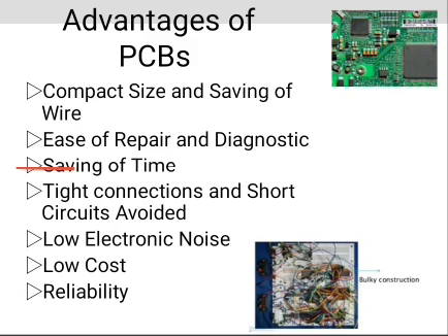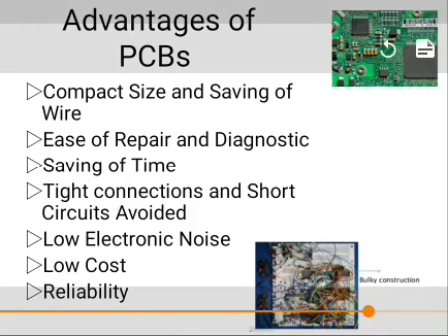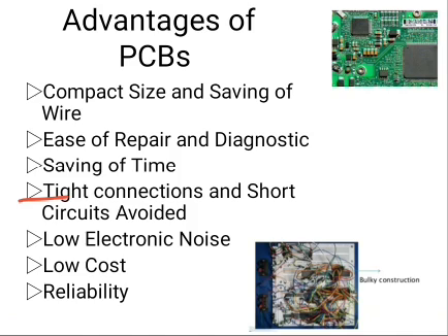So, conventional method means manual, like the breadboard connections. Next, tight connections and short circuit avoided. As the connections are made automatically through copper tracks, there is no chance of loose connections or short circuit.